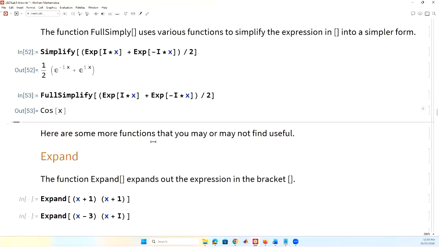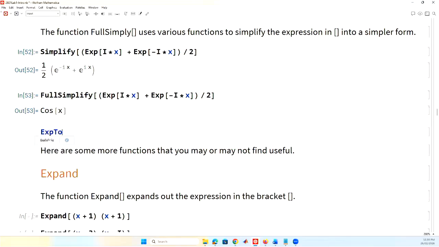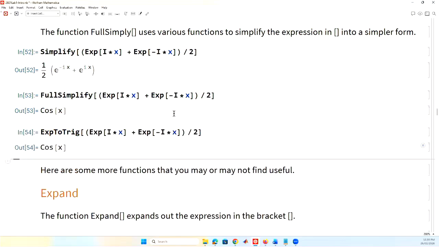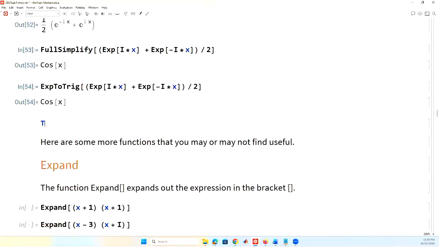Say you don't want to use FullSimplify, because on a complicated expression that can hang up your computer completely, and you're just like, man, I just wanted the exponentials to go away. ExpToTrig of this expression, we'll do that. And possibly, you might imagine that it understands the other way.